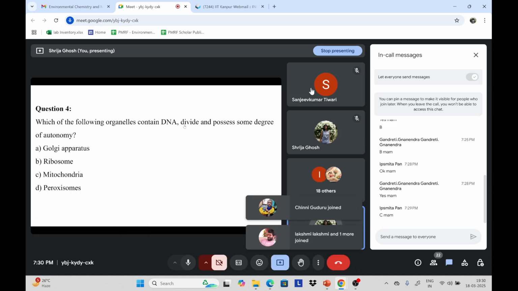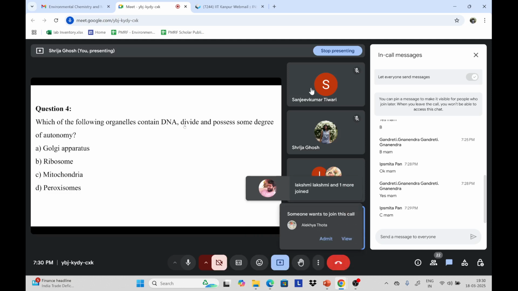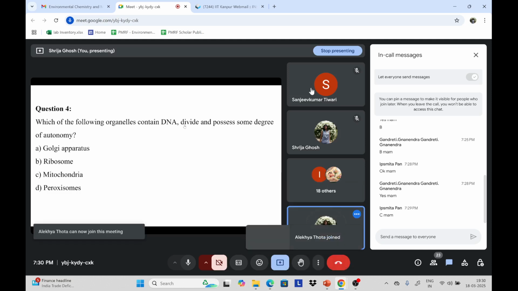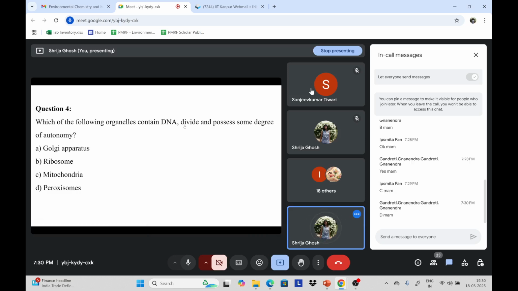Which of the following organelles contain DNA, divide and possess some degree of autonomy? Golgi apparatus, ribosome, mitochondria, peroxisome. Okay, we have two different answers, option C and option D. Mitochondria and peroxisomes.